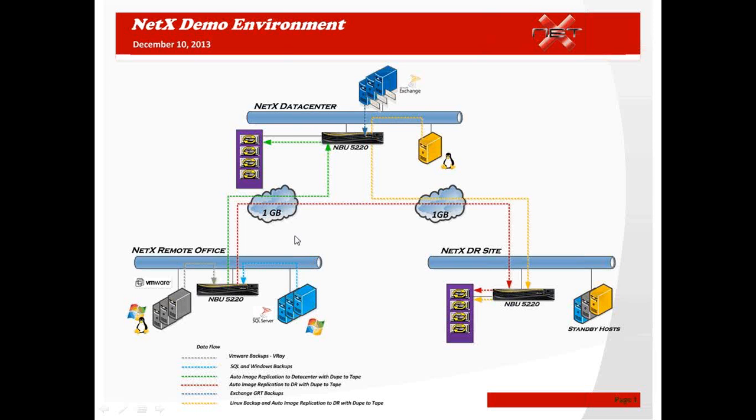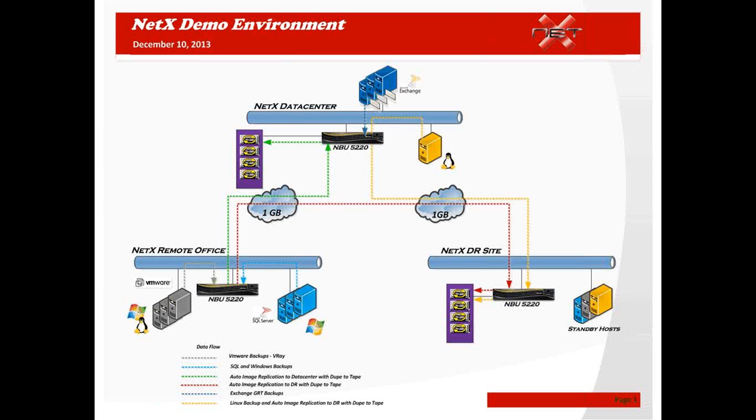And with that, very briefly, we'll be showing an Exchange backup to the local 5220 and a message level restore. We'll be showing a Linux backup from the data center, replication to the DR site, and offload to tape, a VMware backup to the local 5220 in the remote office, and a file level restore.